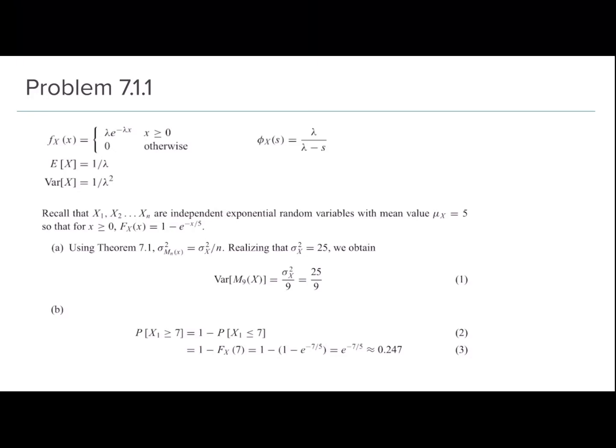As I just mentioned, the CDF for this particular exponential random variable is 1 - e^(-x/5). So once again, the solution is direct enough: the probability that X1 is greater than or equal to 7 is 1 - F_X(7), which is 1 - (1 - e^(-7/5)), which is equal to e^(-7/5).